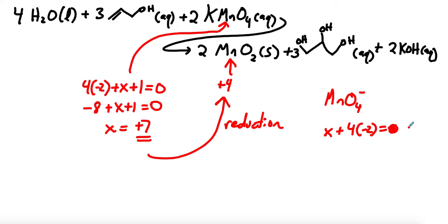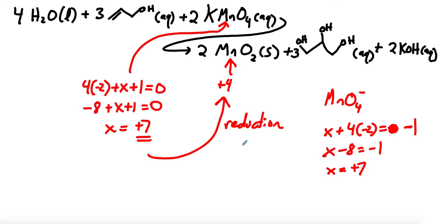Oh, it equals -1. So now when we solve for X, we've got X - 8 is equal to -1. So it must be that X is equal to +7. So with ionic compounds, even if you just split off the individual ions, that's sometimes a faster way to calculate the oxidation numbers, but you could do it with the compound too. You'll get the same answer.